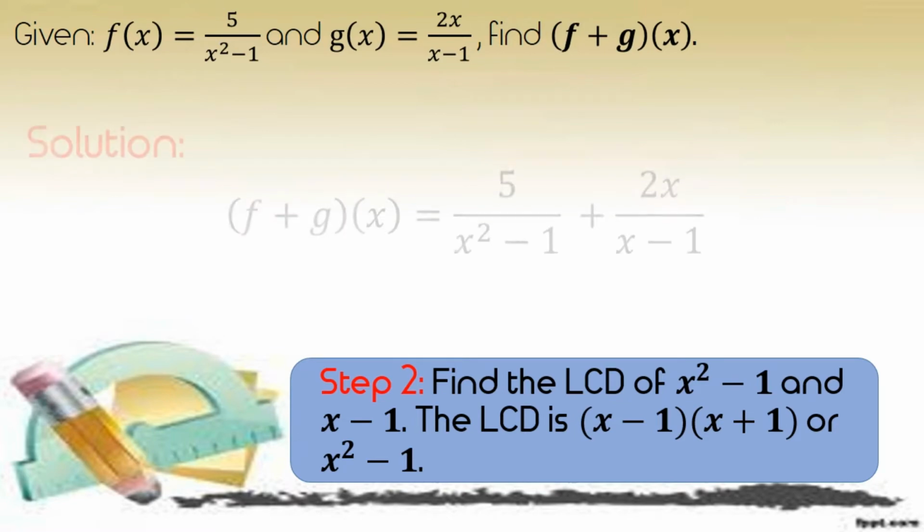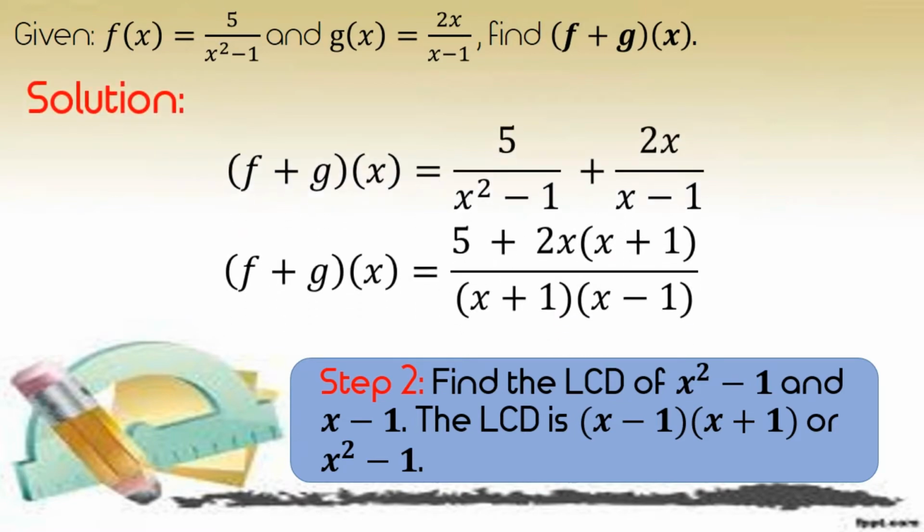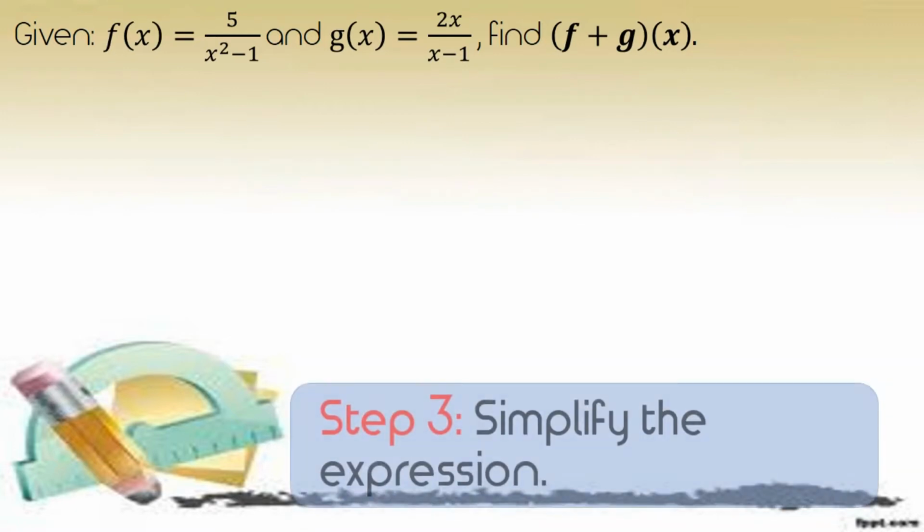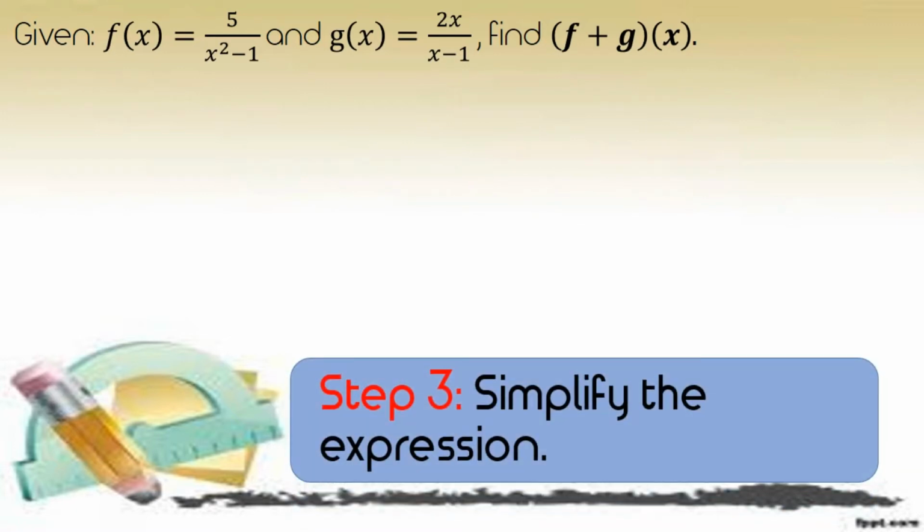or x squared minus 1. Applying it in the given example, f plus g of x will now be equivalent to 5 plus 2x to be multiplied to the quantity x plus 1 all over the product of x plus 1 and x minus 1. For the last step, we have to simplify the given expression.